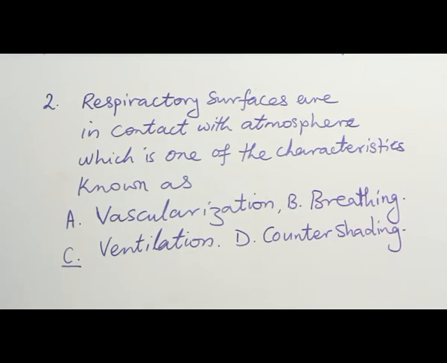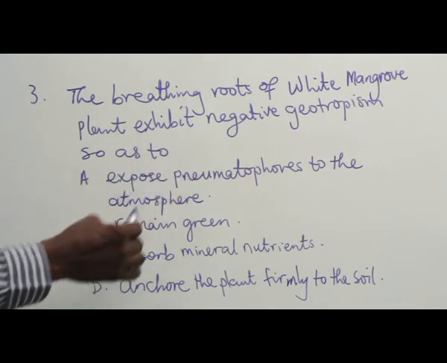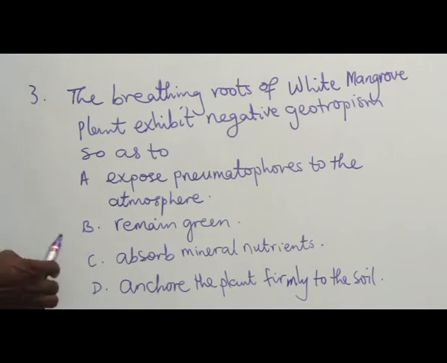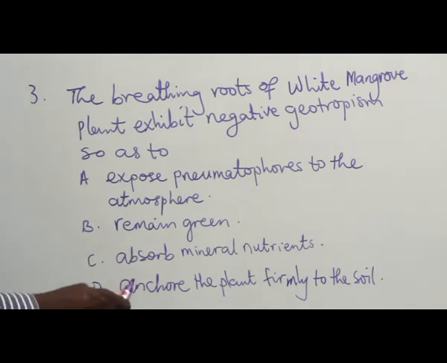Answer to question 2 is C, having ventilation. Example 3. The breathing roots of white mangrove plants exhibit negative geotropism so as to A. Expose pneumatophores to the atmosphere, B. Remain green, C. Absorb mineral nutrients, and D. Anchor the plant firmly to the soil.